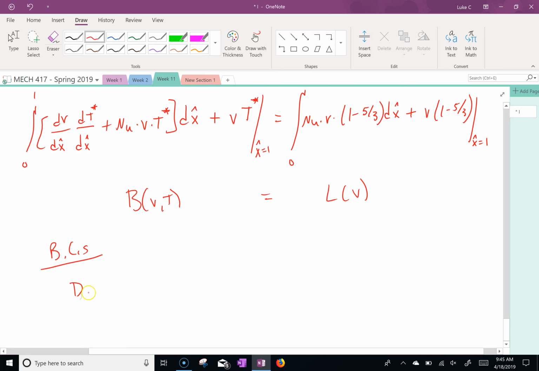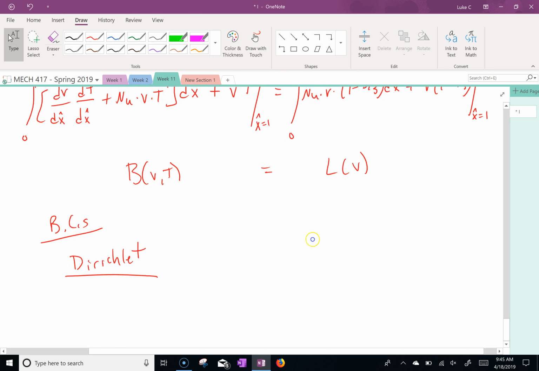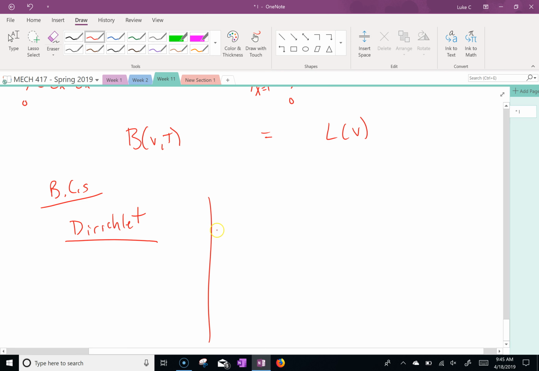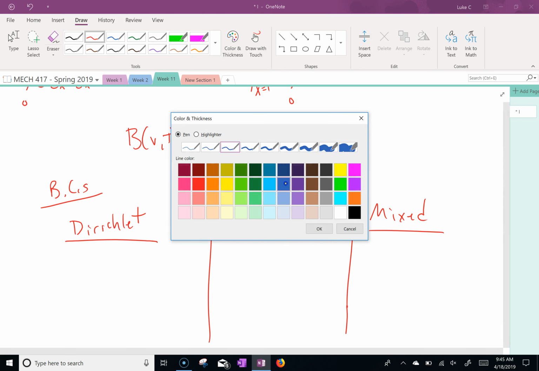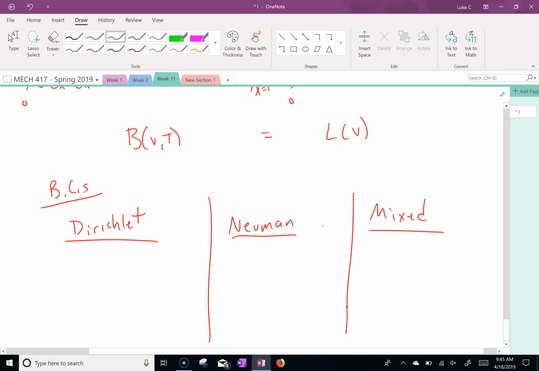There's Dirichlet, there's Neumann, and mixed. So give me one type of boundary condition that you've seen before, and I'll throw it where it is.